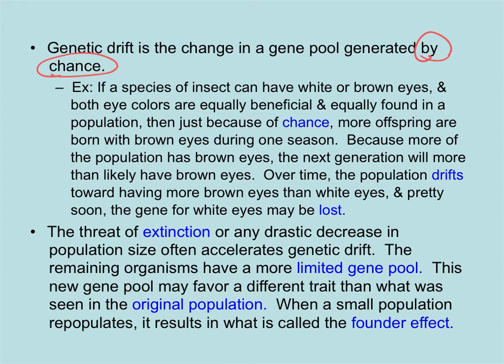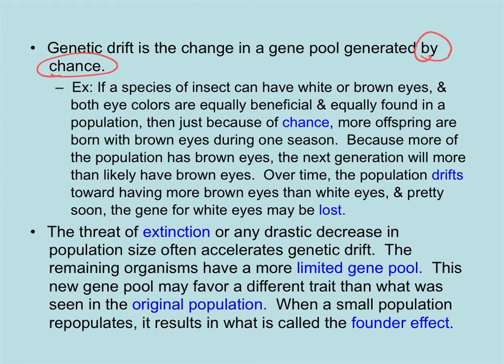Maybe you had 53% with brown eyes. Then the next generation is going to have more insects with brown eyes. And then over time, the population is going to drift towards having brown eyes because of that one time you randomly had more with brown eyes. So eventually, over time, the gene for white eyes could slowly decrease and slowly be lost.